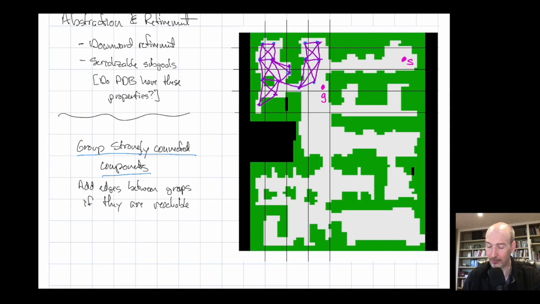So the nodes in this graph are stored by a sector and then the region number within that sector. Now we could think about storing, for every state, what region it's in, since I know what sector it's in. That would be a little bit expensive, and we're thinking more about memory constrained domains here.